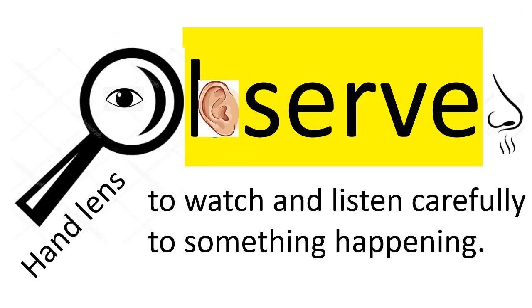We also say the word observe in our conversation. This is an action. Observe is to watch and listen carefully when something is happening. So in science class, we often observe during our investigations what is happening. So we watch carefully, we listen carefully, so that we can share results.